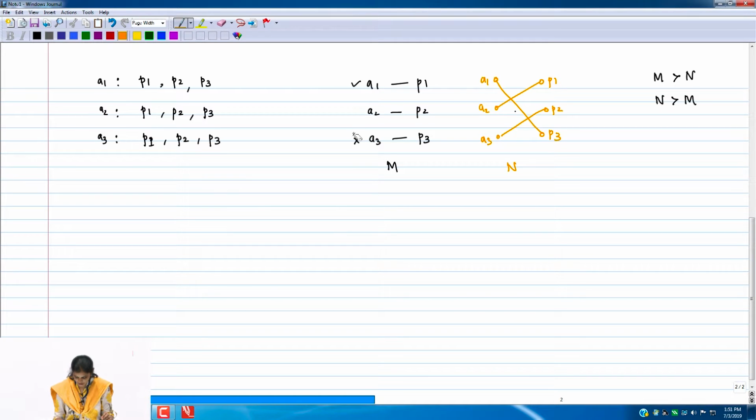Okay. So now let's look at the votes again, because once you change the matching, your votes will change, right? So let's ask between M and N: A1 votes for again the same matching M, A2 votes for this matching, and A3 votes for the matching N, right?